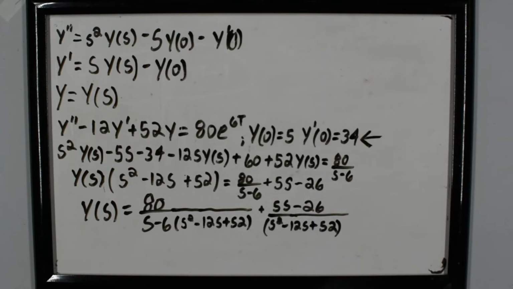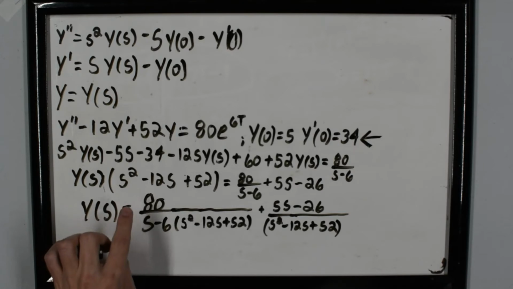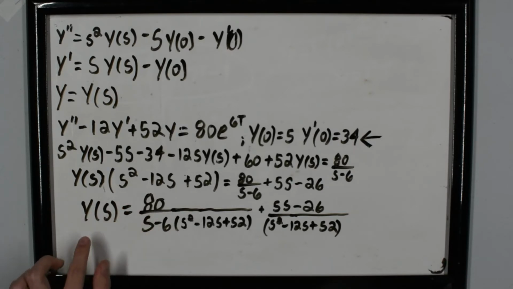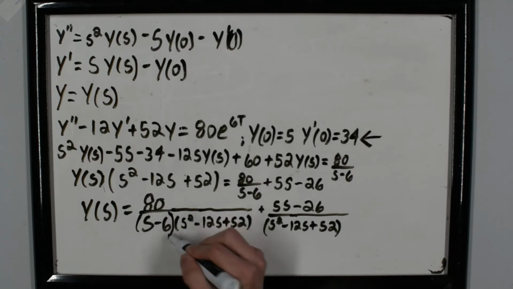Just algebraic manipulation to solve for Y of s. So when we divide by s squared minus 12s plus 52, we end up with Y of s equal to 80 over (s minus 6)(s squared minus 12s plus 52), plus (5s minus 26) over (s squared minus 12s plus 52). And technically, this whole term is in parentheses.